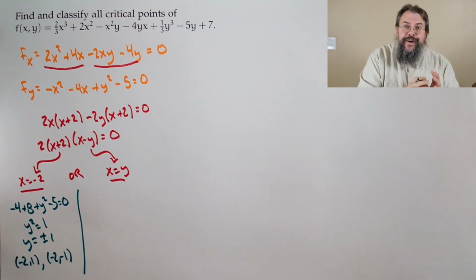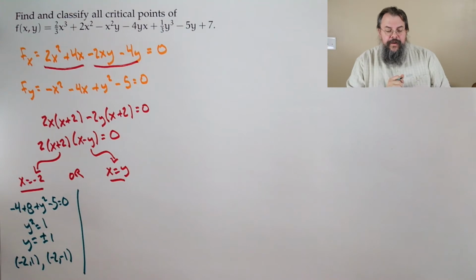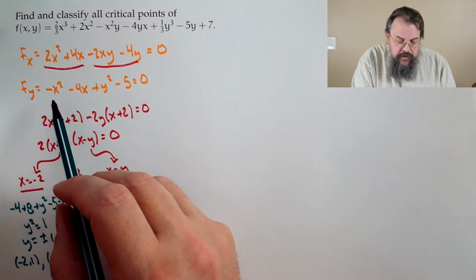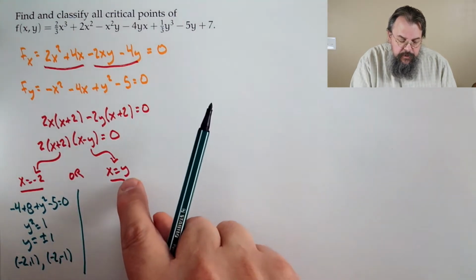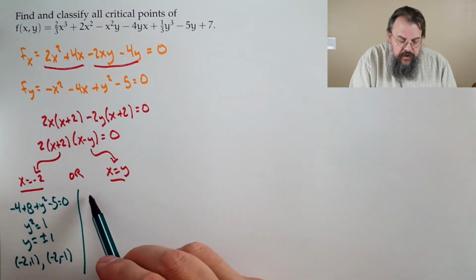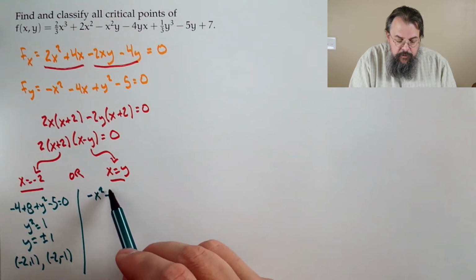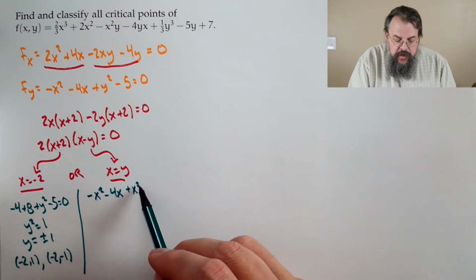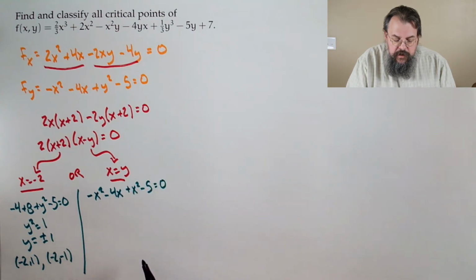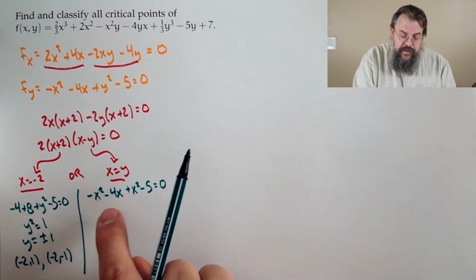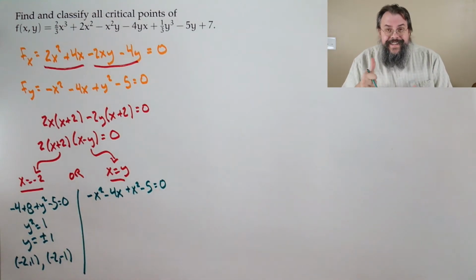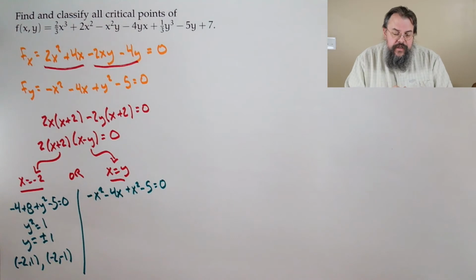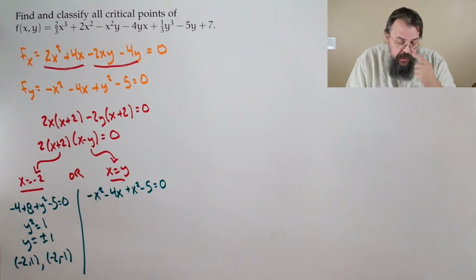Now to go down the other one. Let's see what we get. If x equals y, well, I'll just replace y by x. That might be easier. So minus x squared minus 4x, and then plus x squared minus 5 equals 0. Well, the x squareds cancel off. Nice. Since the x squareds cancel, what's left?